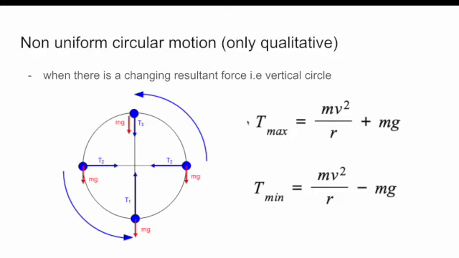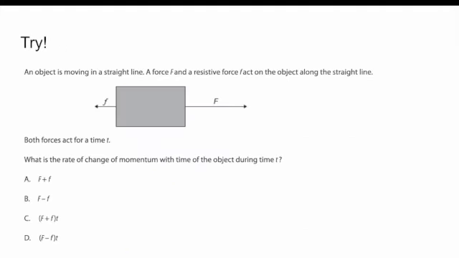The maximum tension occurs here, when the tension is equal to the centripetal force plus mg, because weight acts in the negative direction. The minimum tension is up here, when centripetal force minus the weight is equal to the tension. That's something you should be able to derive on an exam. It's not very difficult. It just says that the maximum tension occurs when weight and tension act in the opposite direction. So let's try this question now.